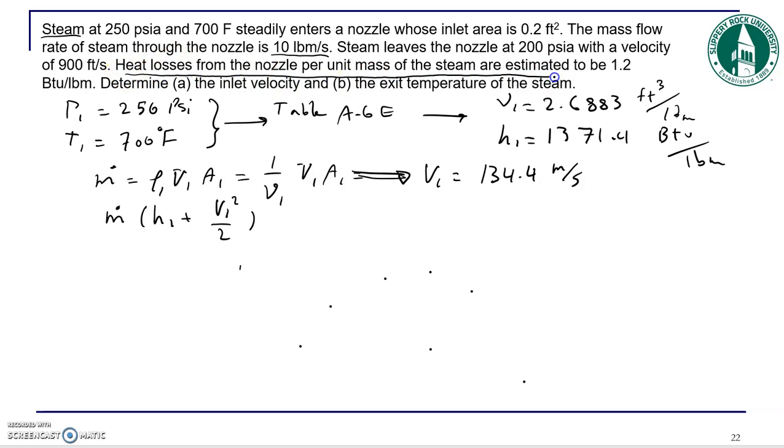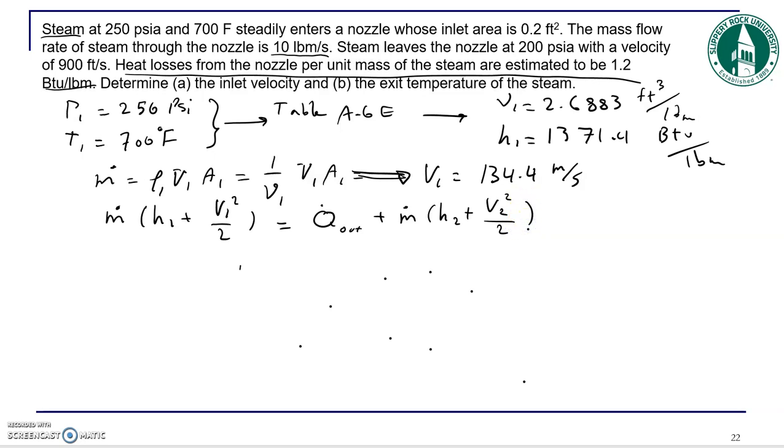The heat is not zero for this specific problem. So we have a Q which is going out, and we have plus m dot H2 plus V2 squared divided by 2, right?